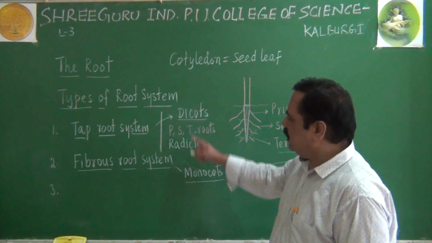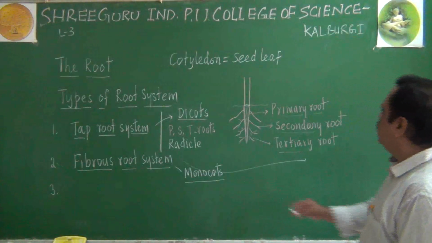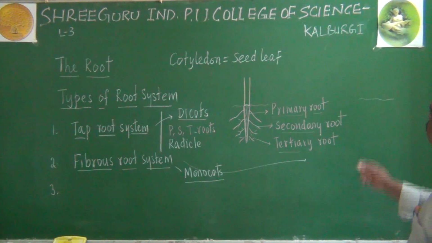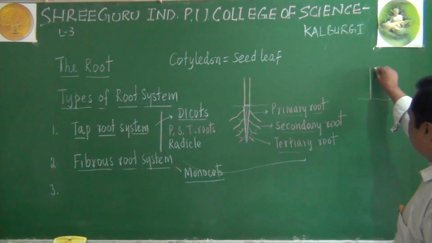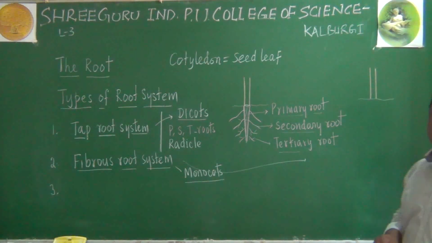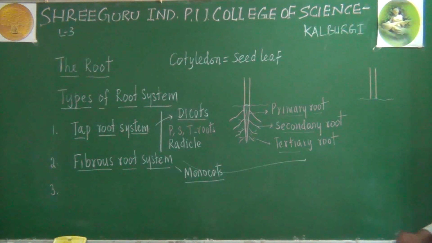What is the speciality of monocots or the fibrous root system? Here also the soil is here. Imagine there is a stem present above the soil, but the stem of the monocot will not extend further downwardly.